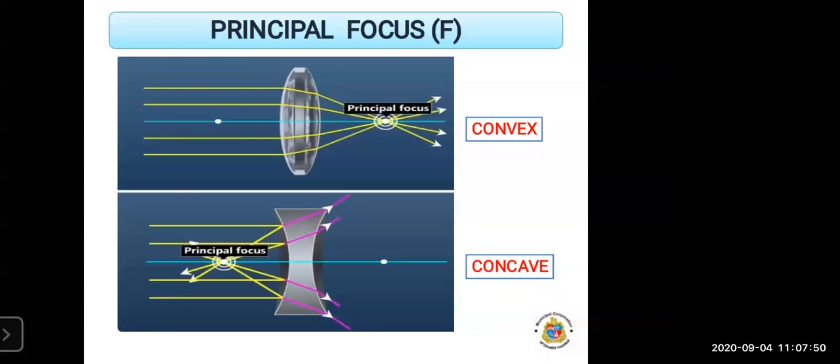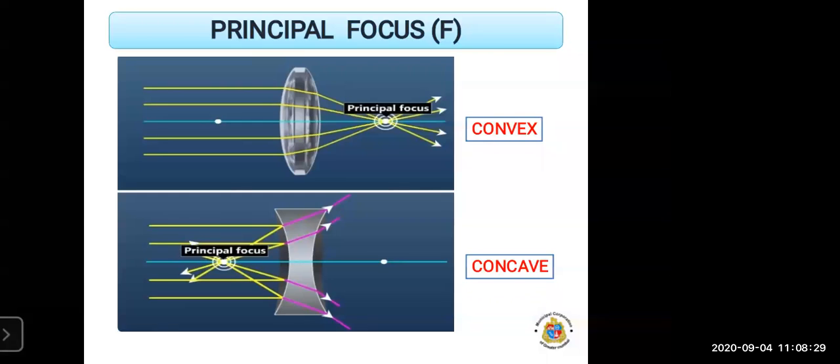The light rays pass through the lens and get refracted, and after refraction, what will happen? All the refracted rays come together or converge together. All the refracted rays meet together, and all will come together at one point. That point is called the principal focus.